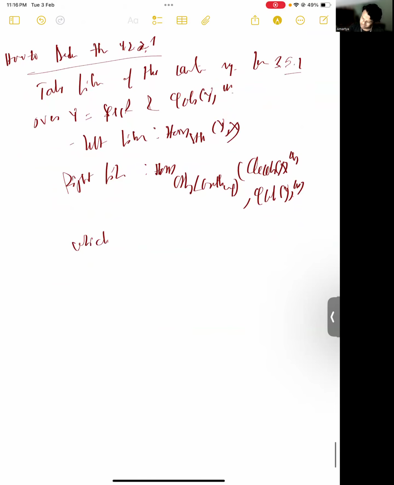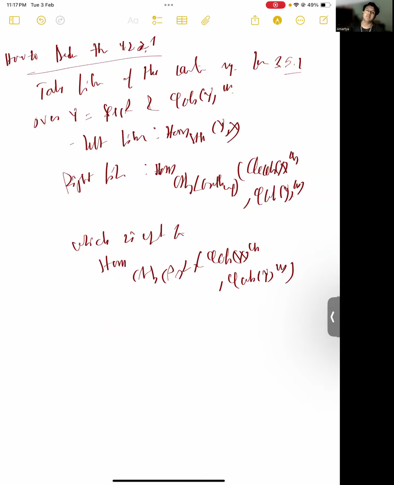Which is equal to, like, graph comp is in PrL. So yeah, now since the square is Cartesian and this is an equivalence, that will imply that these fibers are equal, right?